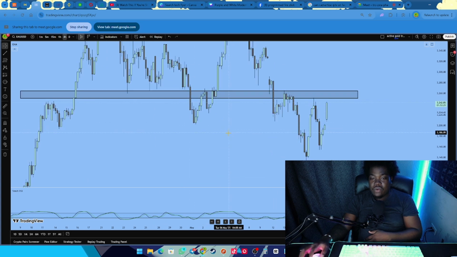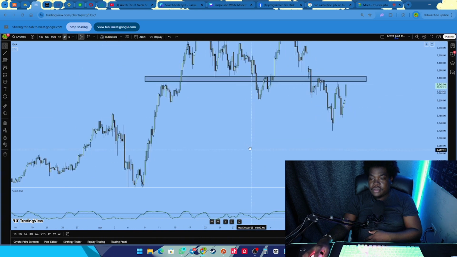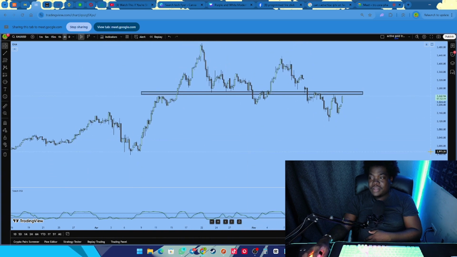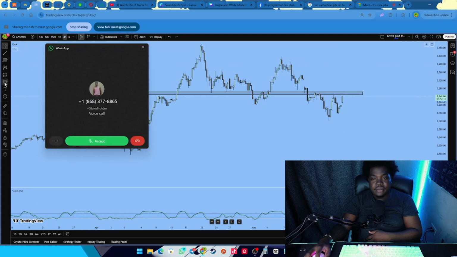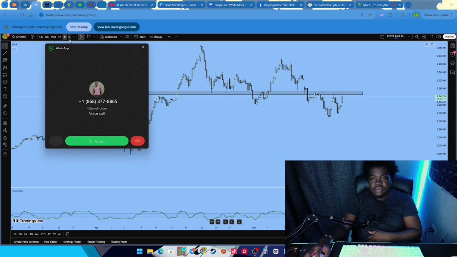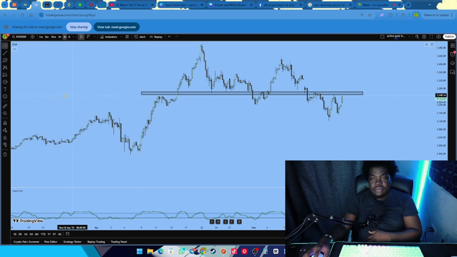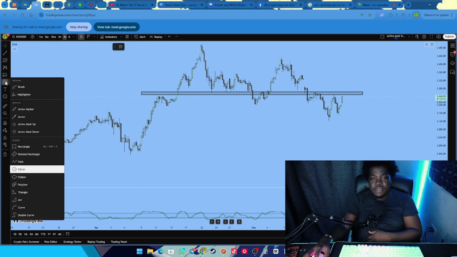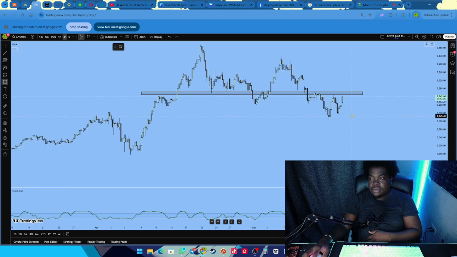Now we're looking for support, which is on the bottom. We're looking for the lowest place closest to the price where the market did the same thing, which could be here.